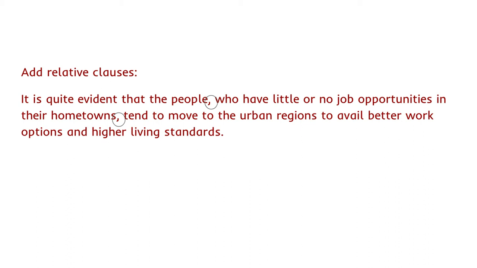What we have done is we have added information about those people and continued the sentence with who. Who is the relative pronoun, meaning we are talking about the people. It may be which for things. In this way you can add a relative clause and make your sentence a complex one. Clear?